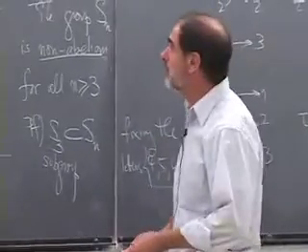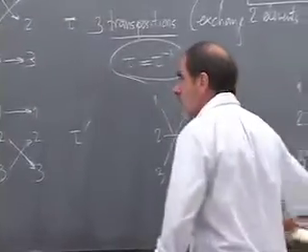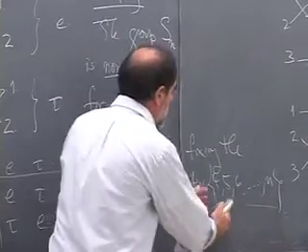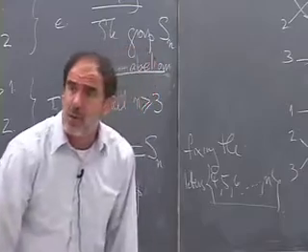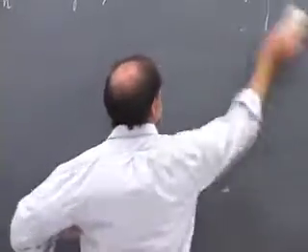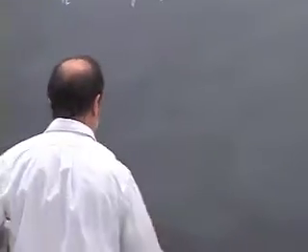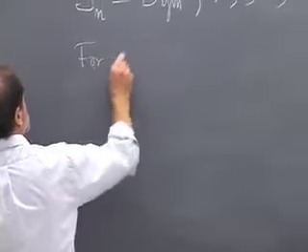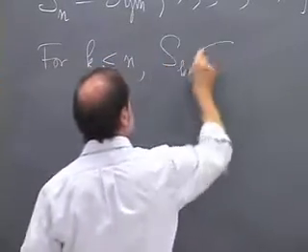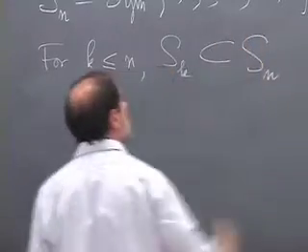I'll do one more example of a subgroup for you. So here we got a subgroup by asking that it permuted something, but it fixed something inside of that set. That's a very good way of getting subgroups. For example, I claim that for k less than or equal to n, Sk is a subgroup of Sn.